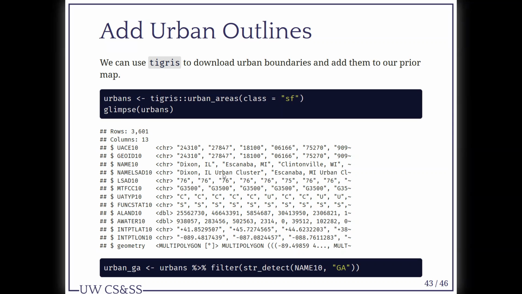If we look at a glimpse of this, it'll tell us things like Dixon, Illinois. But we're going to assign to the urban Georgia object this urbans data and filter to str_detect NAME10. So NAME10 is here, which is just a city and a state, capital GA.